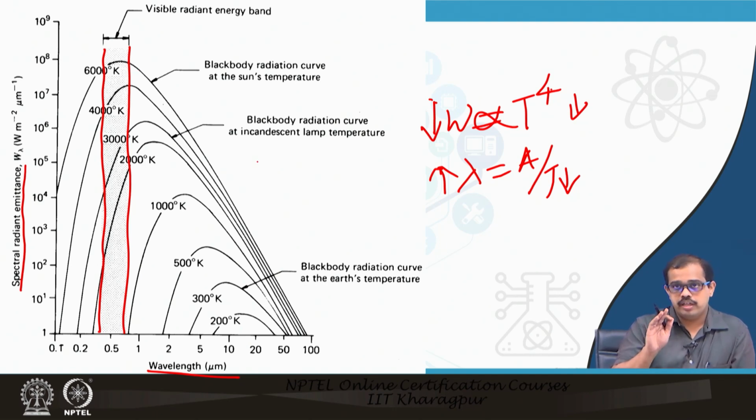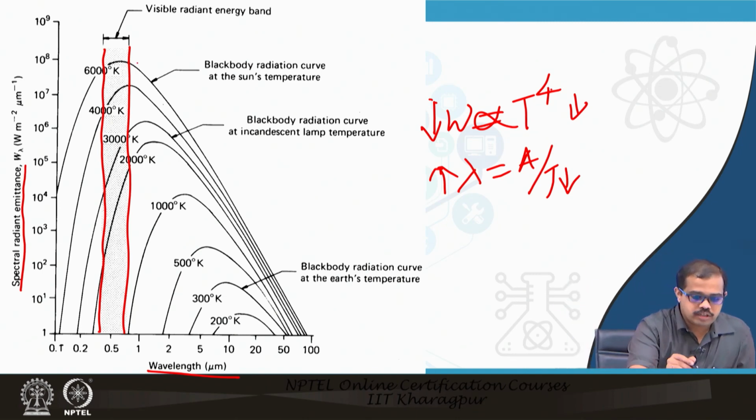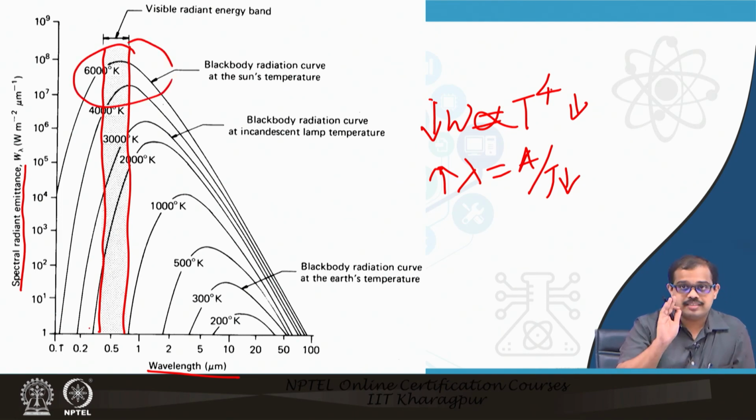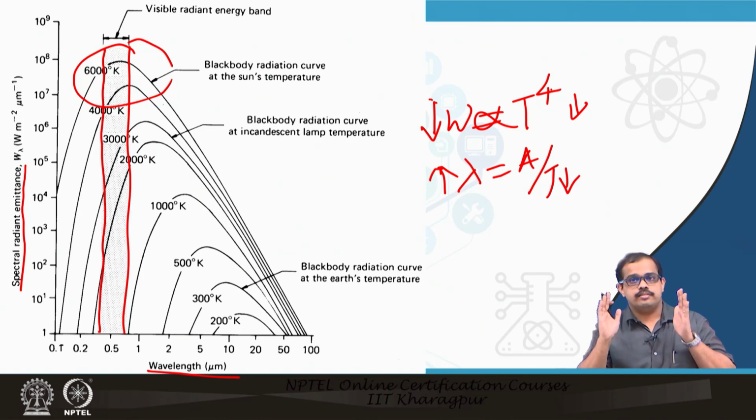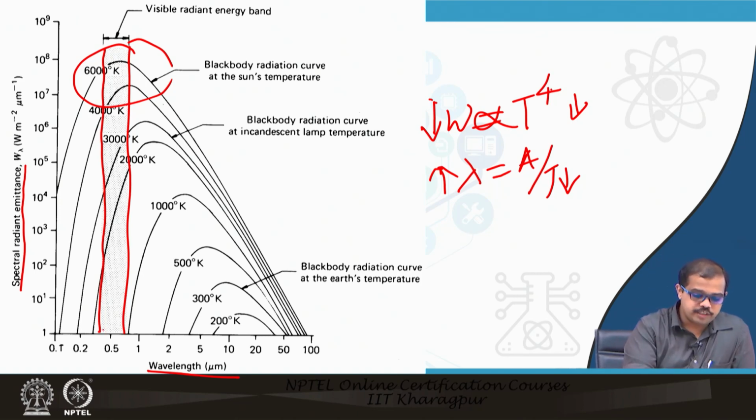When I say black body, it is a hypothetical body which has complete absorption and complete emittance. The temperature of the black body is the highest exactly where your visible region is located, which means it is easy to capture in the visible region.